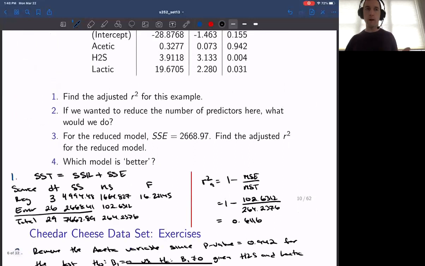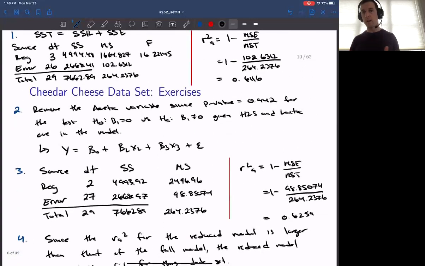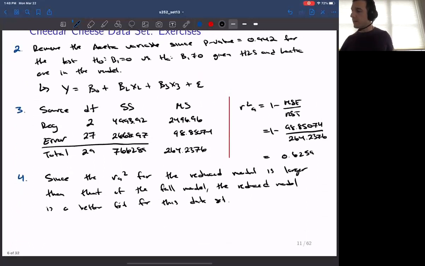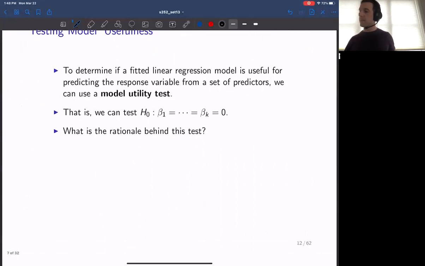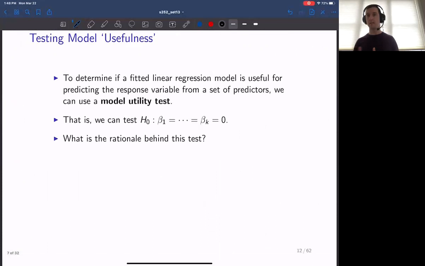But what we require is a general test about how useful the model is as a whole. So the next thing that we're going to study is this test for the entire system at once. So we're going to construct a general model utility test for the entire multiple linear regression model.